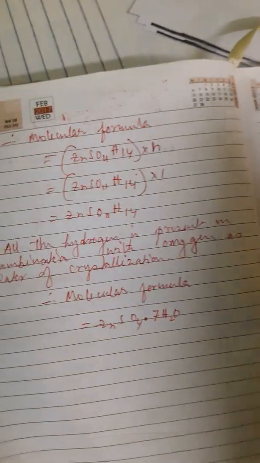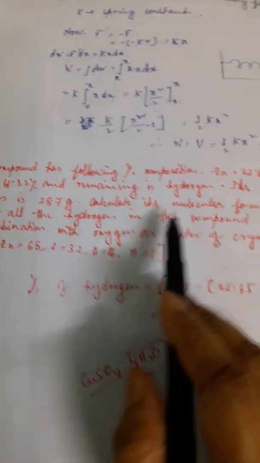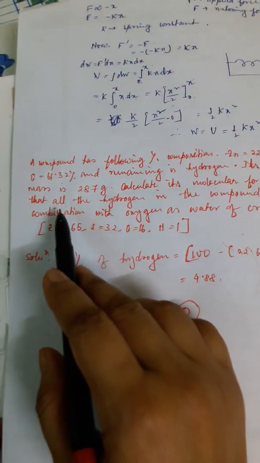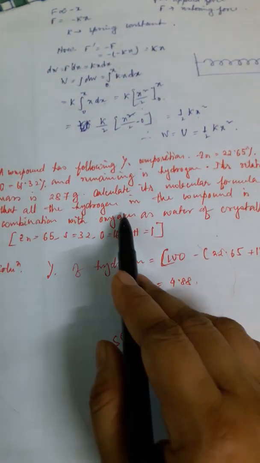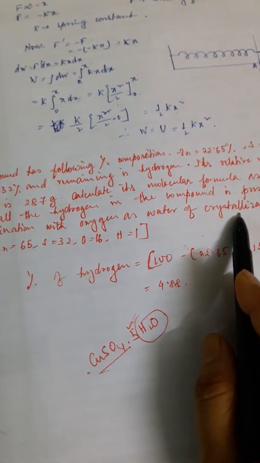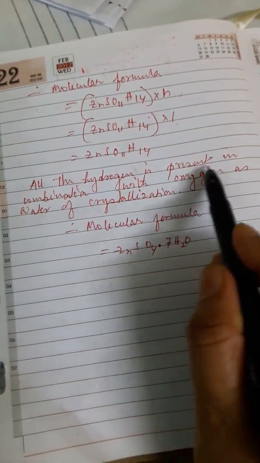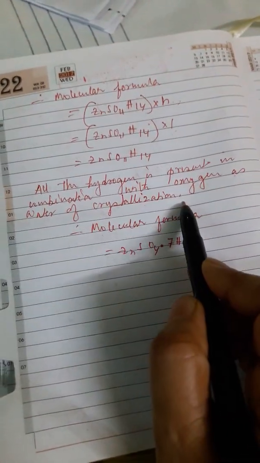But I have not completed this yet, because it is mentioned to calculate the molecular formula assuming that all hydrogen is present in combination with oxygen as water of crystallization. Clear? So all hydrogen is present in combination with oxygen as water of crystallization.